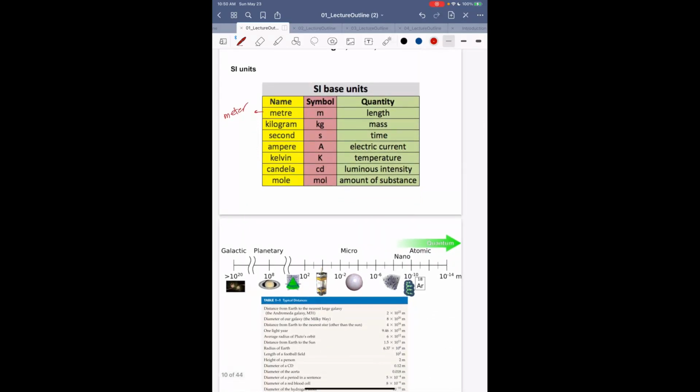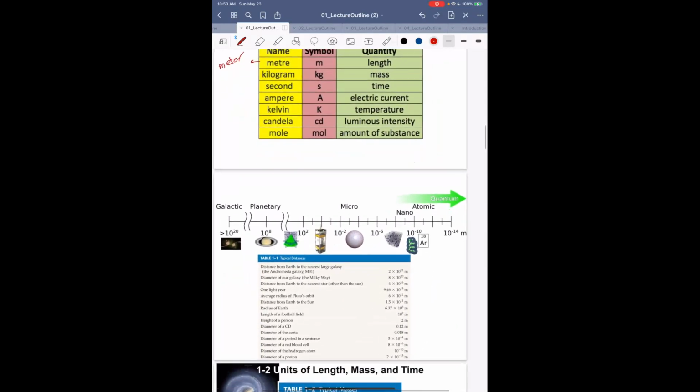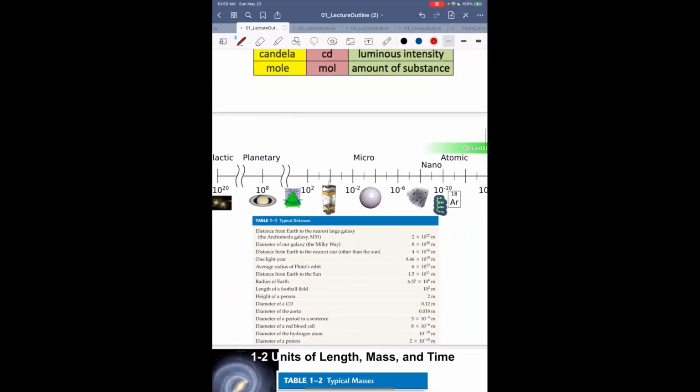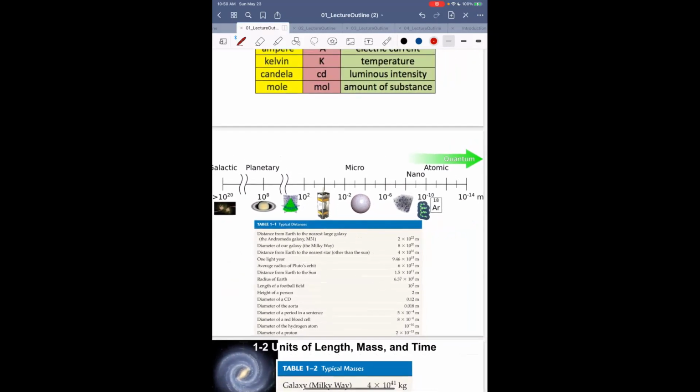Now, here we are showing you that we have so many things of different sizes that we might encounter in this course or other courses, and showing you some of the typical distances. Inside the nucleus, we have protons, and the diameter of a proton is 10 to the minus 15 meter.